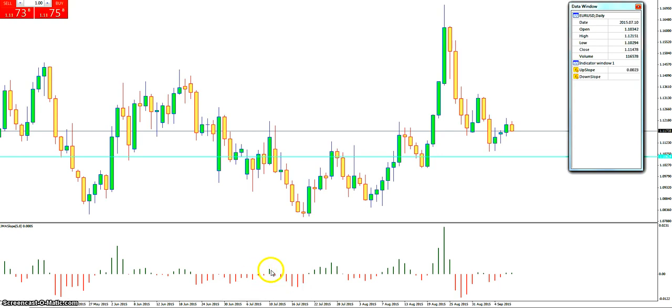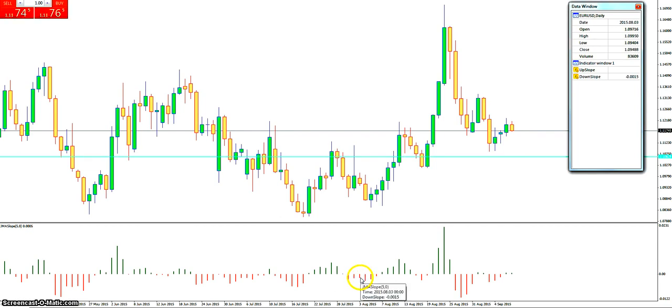So let's see some more examples. This is a green bar, this is a peak because this is higher than the previous bar and this is higher than the next bar. Let us see a red peak. Probably this is a peak, yeah, because this particular bar, this is minus 0015, which is higher than this bar, which is minus 0017, and this is also higher than this bar, which is minus 0029.